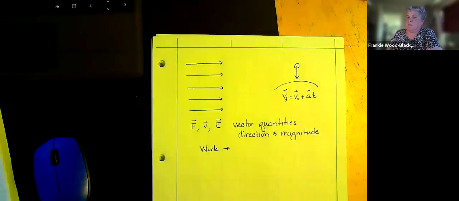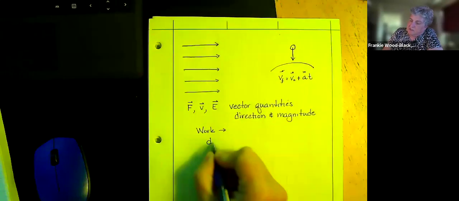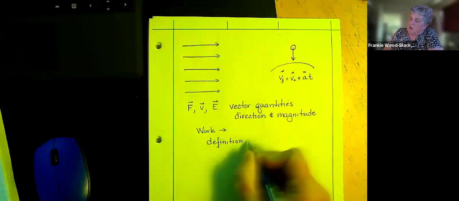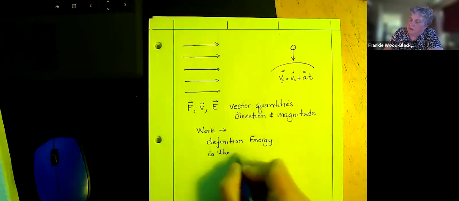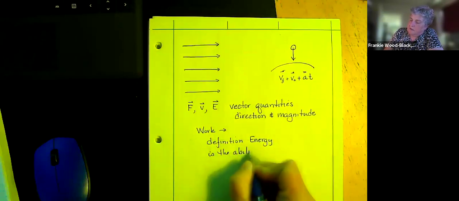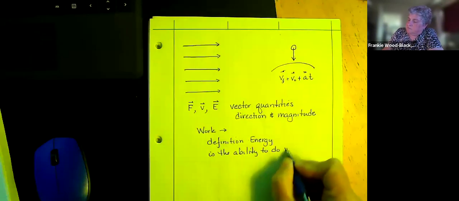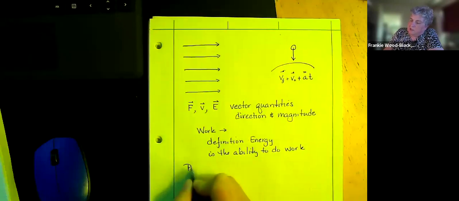And work, just to remind everybody, the definition of energy. So we have our definition of energy, which is my favorite definition of all of physics. My definition of energy is the ability to do work. And we talked about potential energy.